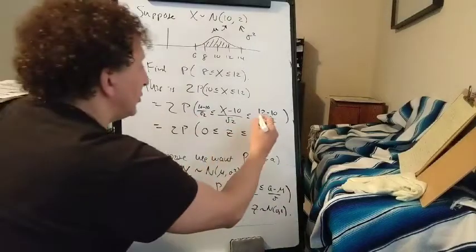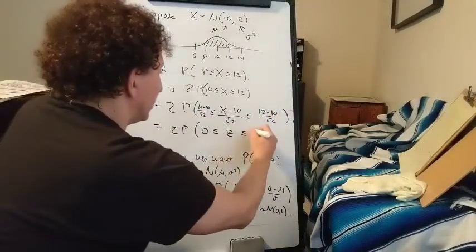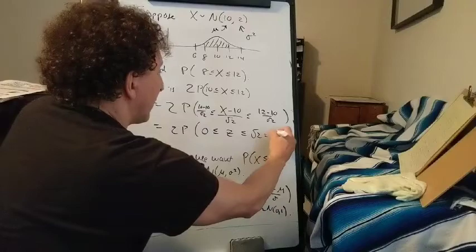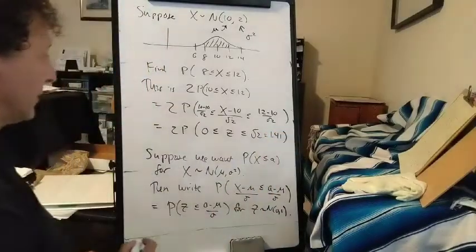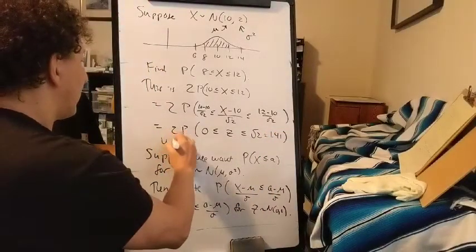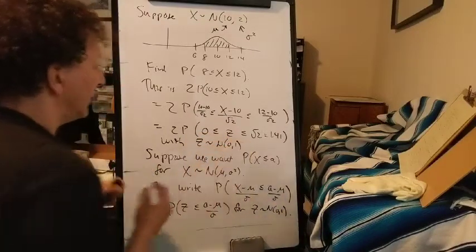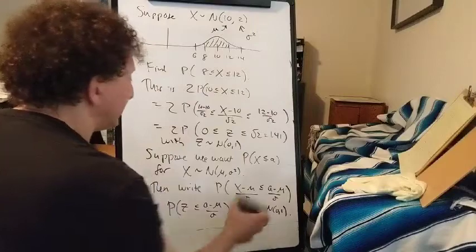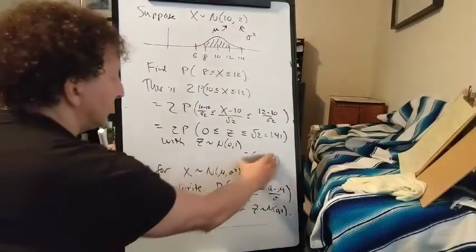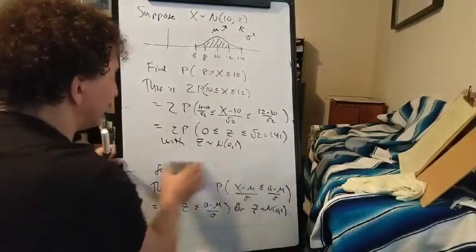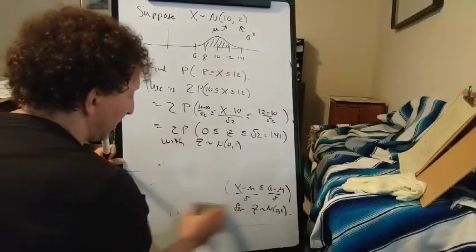Twelve minus 10 is 2, and 2 over root 2 is root 2. So Z is a standard normal variable. Now we just need to look in the table to see the probability that Z is between those values.